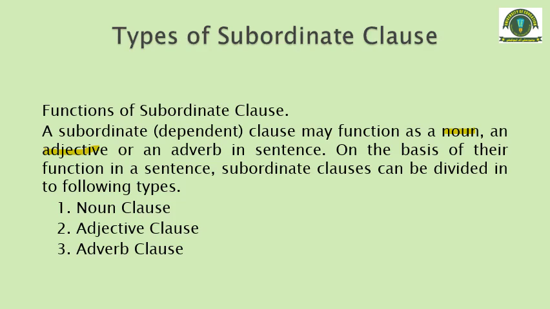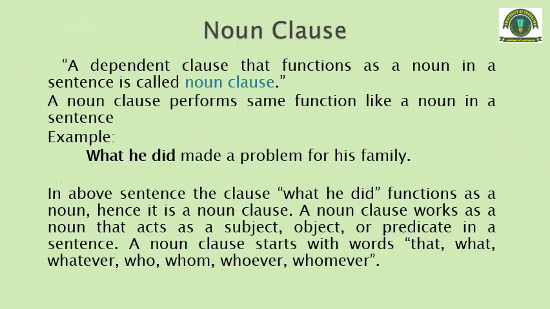An adverb is a word that adds to another verb, an adjective, or another adverb. On the basis of their function in a sentence, subordinate clauses can be divided into three types. We have talked about these three types in the previous slide: the noun clause, adjective clause, and adverb clause. Let's talk about the detail of these clauses in the slide.